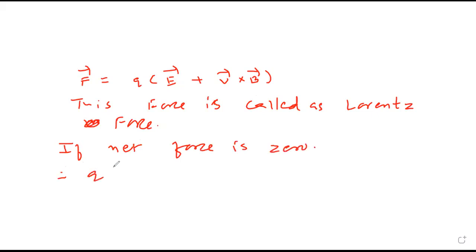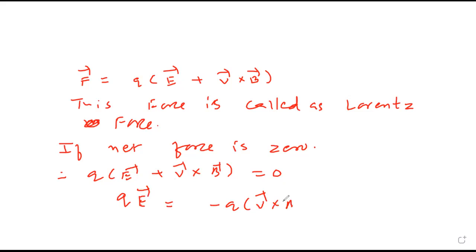If the net force is 0, that means q E bar plus q v bar cross B bar is 0, then we can say qE must be the same as minus of q v bar cross B bar. So the magnitude of qE vector must be the same as the magnitude of this.